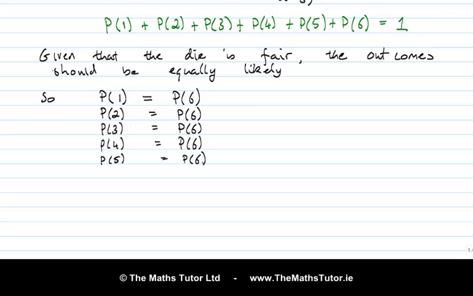So that means that in this equation here that's written in green, in fact, there aren't really 6 unknowns. All of these unknowns are actually the same, so there's just one unknown. So we can replace the probability of 1 with the probability of 6. We can replace probability of 2 with probability of 6, and so on. So the equation in green actually becomes this: the probability of a 6 plus the probability of a 6, and so on.